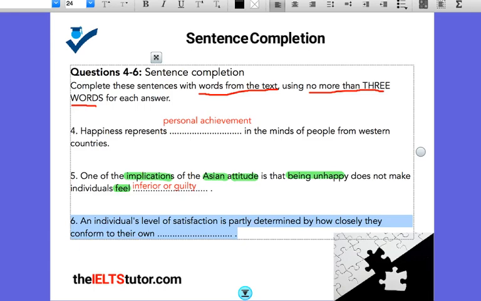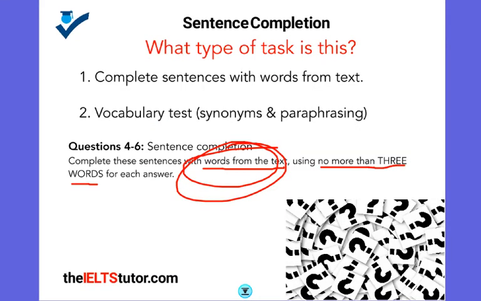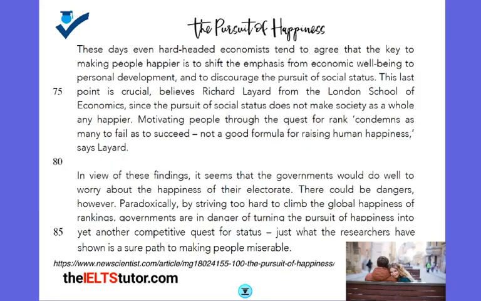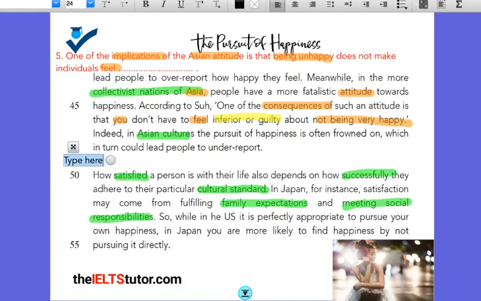Okay, so I'm going to show you the page where you should be able to find the answer. Okay, so we have found the answer for number 5 over here. So number 6 should be somewhere slightly later than that, or should come after that.